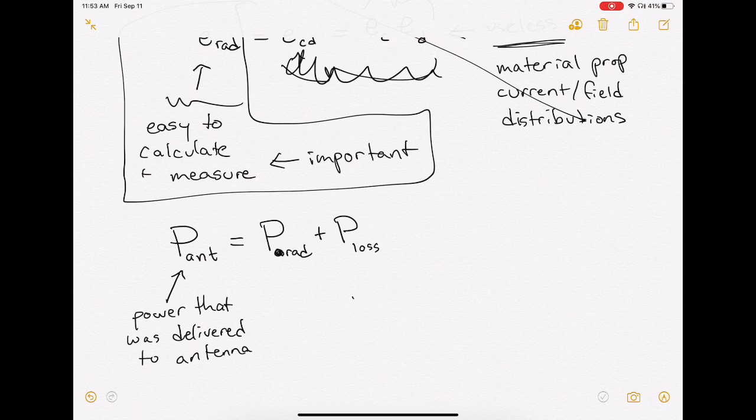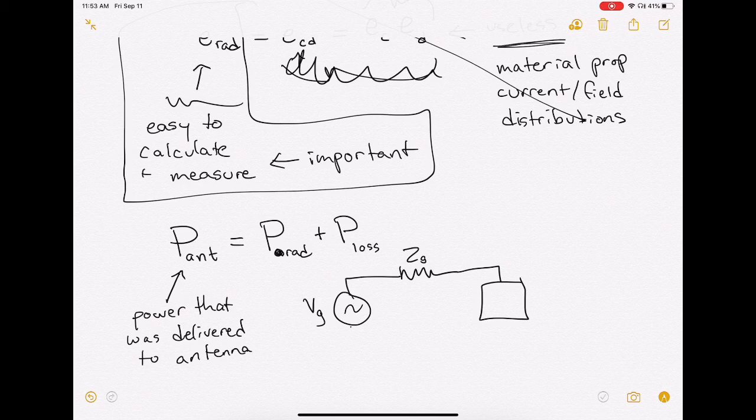So if I were to draw perhaps the system that the antenna is connected to, it might look like this, where this is some voltage generator, that's our source. It's got some generator impedance there, and then there's an antenna impedance. And that antenna's impedance breaks down into a few different parts.